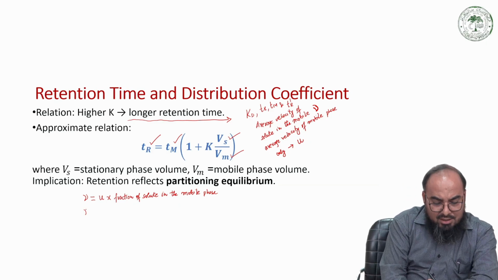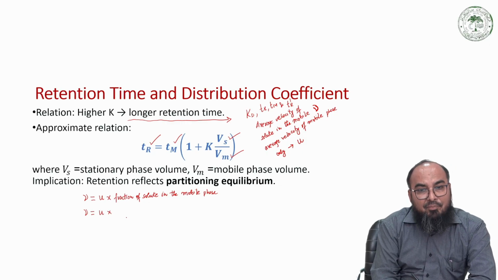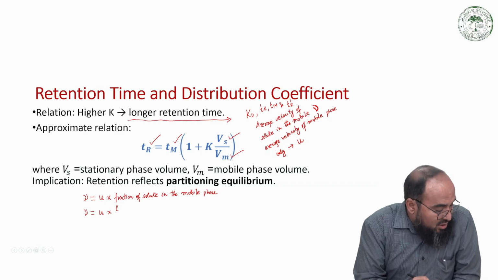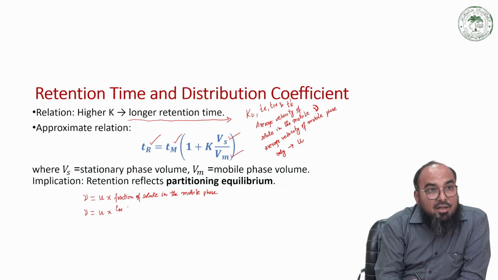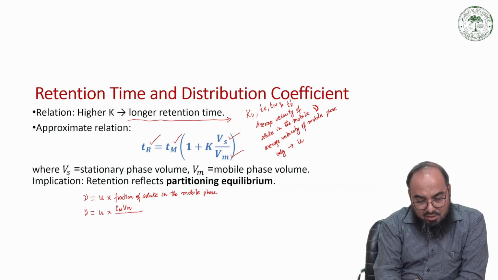So this can also be written as u into the fraction, which can be defined as Cm into Vm, that is the number of moles of solute in the mobile phase, upon the number of moles in the mobile phase and the number of moles in the stationary phase.